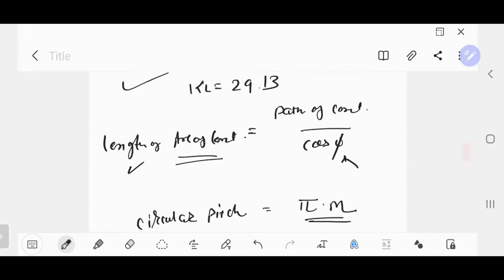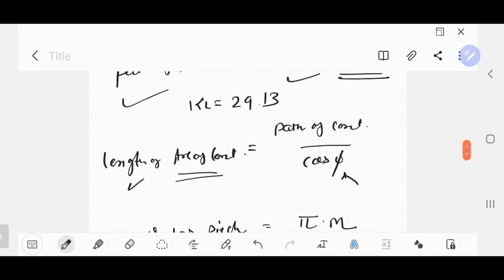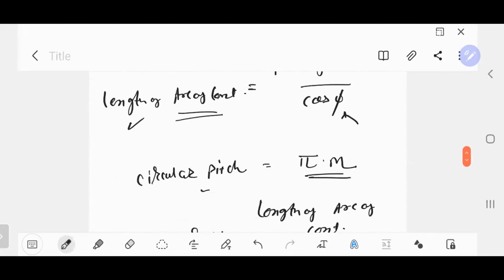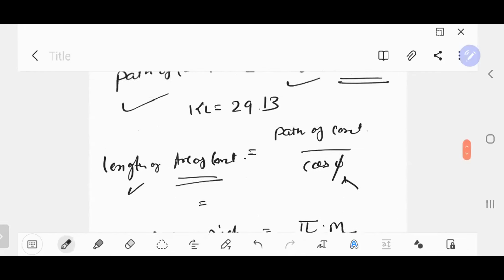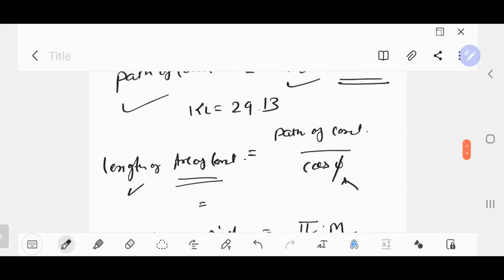You have to just divide this by cos phi. Length of arc of contact is equal to 29.13 divided by cos phi. 28, it's nearer. 28.92. Okay.